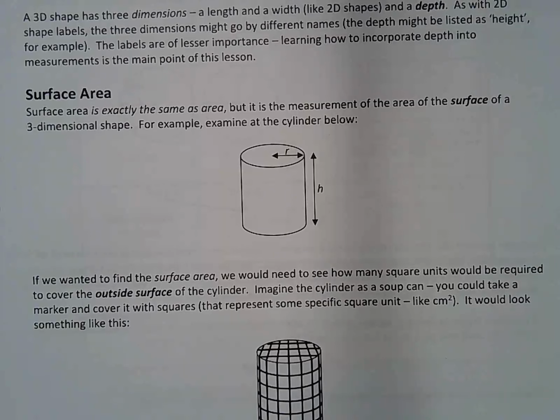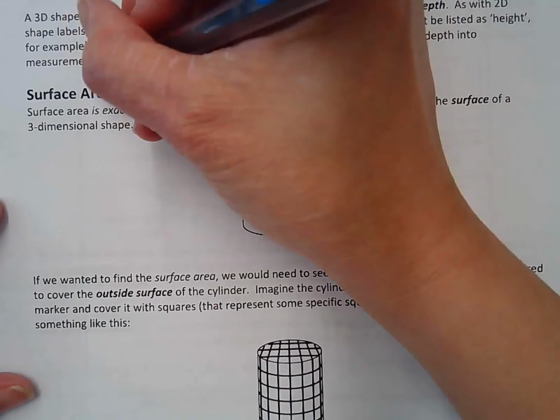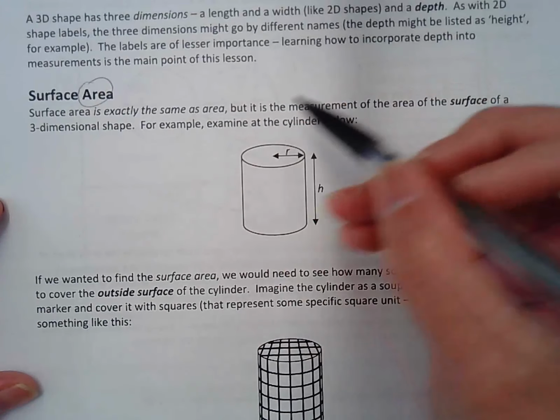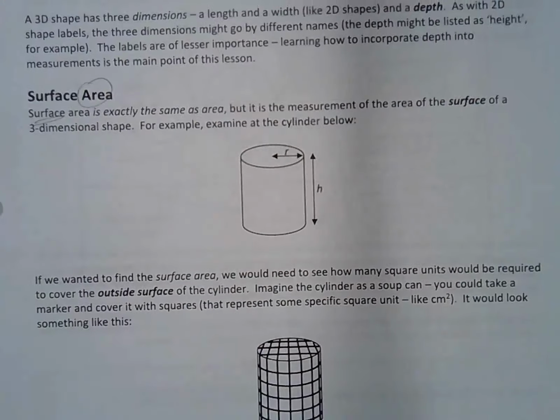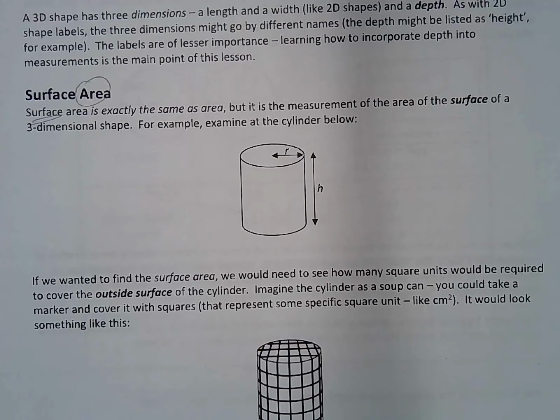So, surface area is exactly the same thing as area. Can you see the word area? Area means surfaces. Now, if you take a look at this piece, how many surfaces does it have? Surface means a flat surface. What are the flat surfaces for this? Two? Just 2? 3?